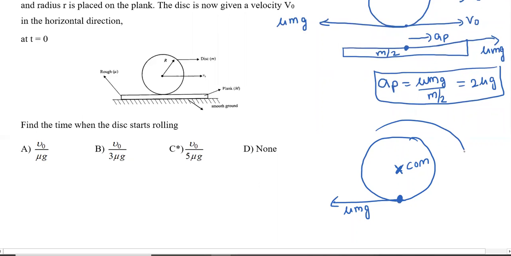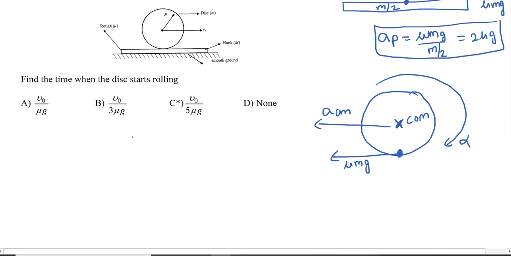This is going to create a clockwise alpha as well as center of mass acceleration towards left as the force is towards left. For translation motion, I will write mu mg equal to m a_cm. So a_cm is mu g.